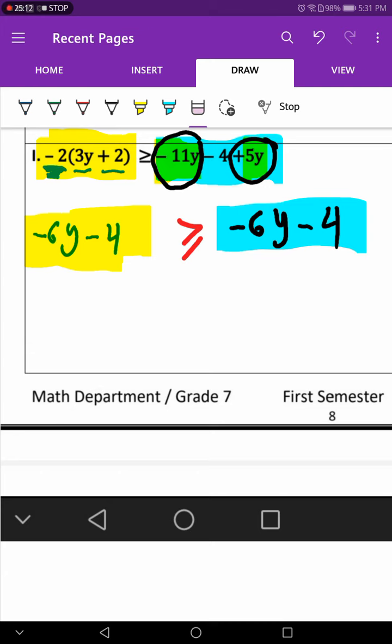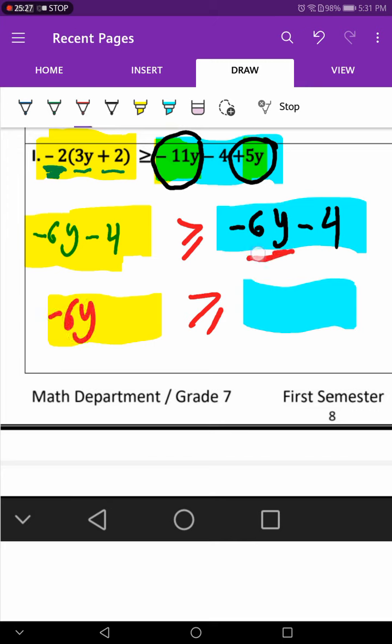Now I collect the variable on the left side as you know before, and the numbers here. I have from before negative 6y, and the newcomer it will be positive 6y, and here I have negative 4.